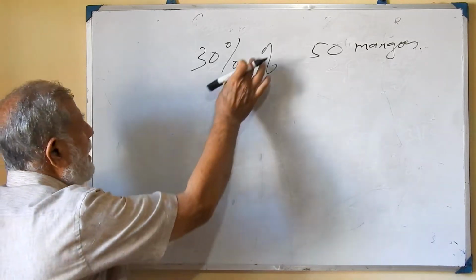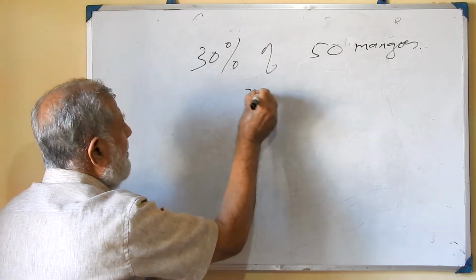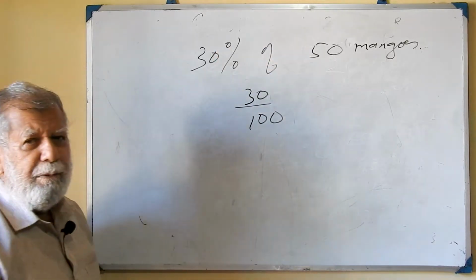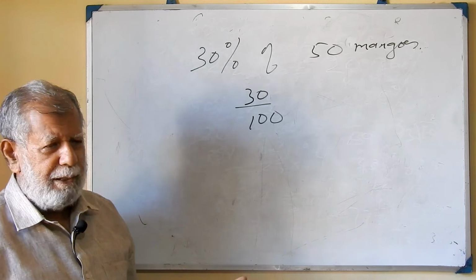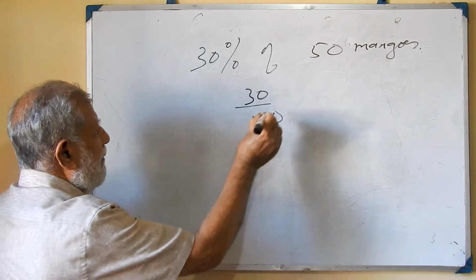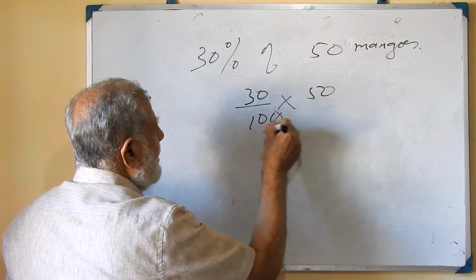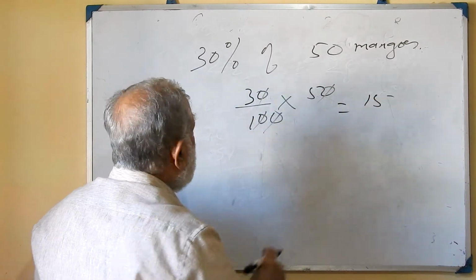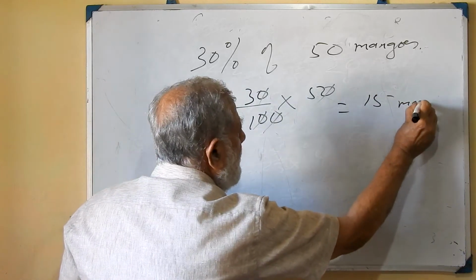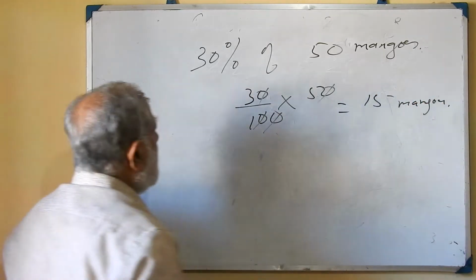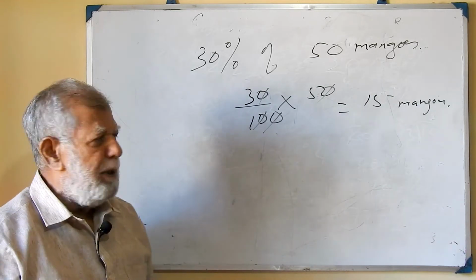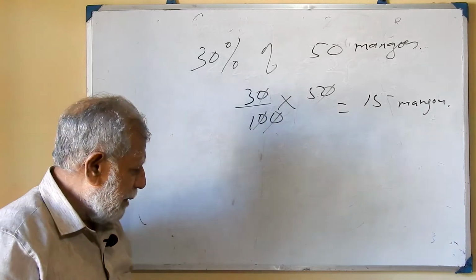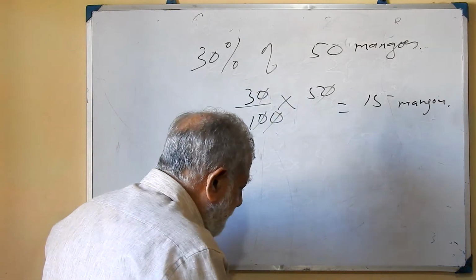So 30% always means 30 upon 100. You can't separate that. 30 upon 100 into 50. So cancel 0, 0. So that is equal to 15. So 15 mangoes. So 30% of 50 mangoes means 30 upon 100 into 50. We cancel and we get 15 mangoes.